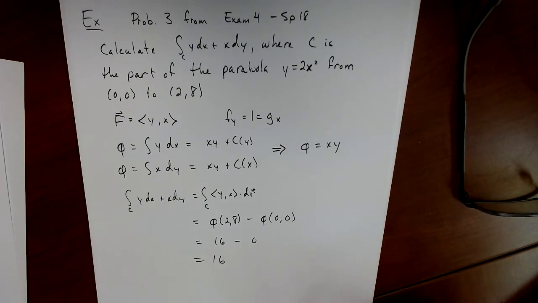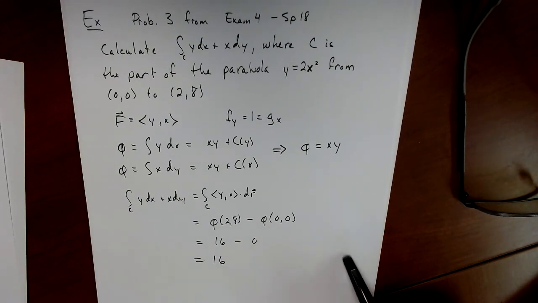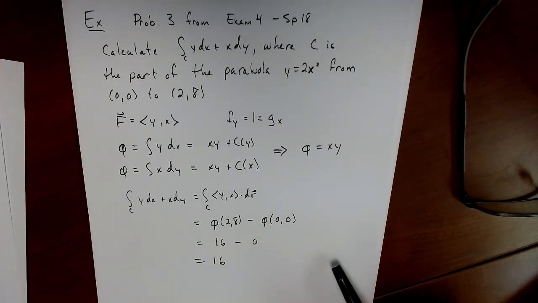And those are both definition formulas. But now we are starting to get exceptions, and we're going to get two major exceptions. And the first is, if your vector field is conservative, then you can find the potential and use the fundamental theorem of line integrals. And that is almost always faster than parameterizing and using the 15.2 definition.